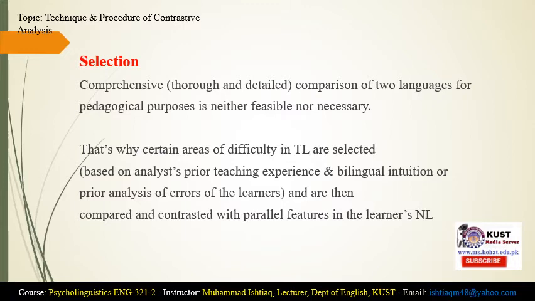Because comprehensive means a complete comparison of two languages at every level and for each item, and it's pedagogically neither feasible, meaning not possible, nor necessary to do. It's neither essential nor possible to compare and contrast two languages wholly and completely. So what do we do? What do we select?